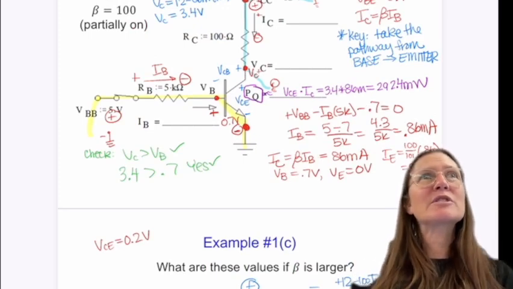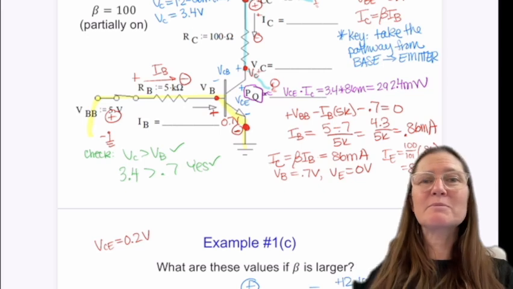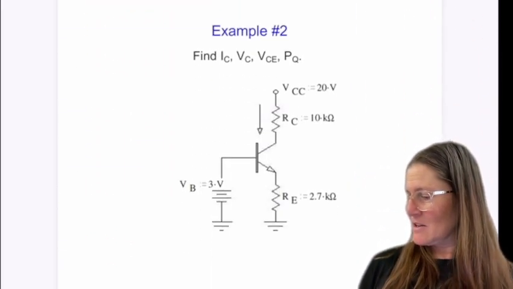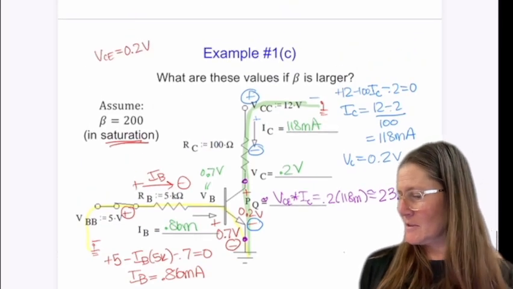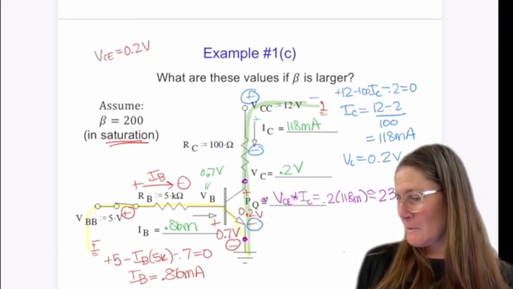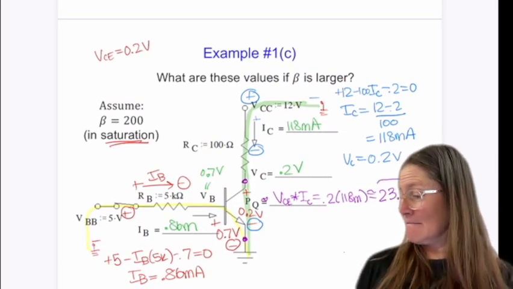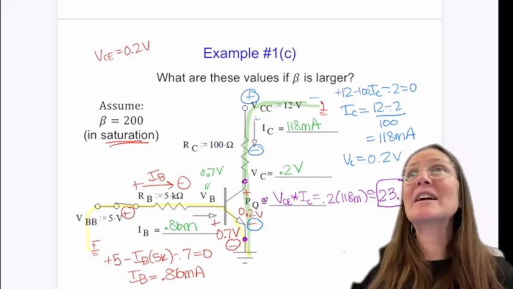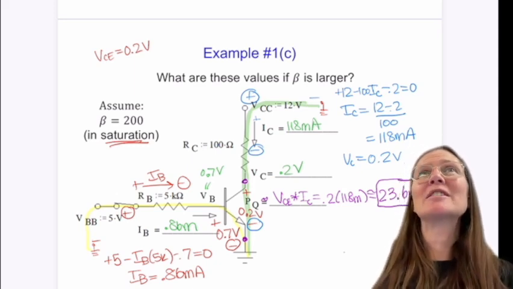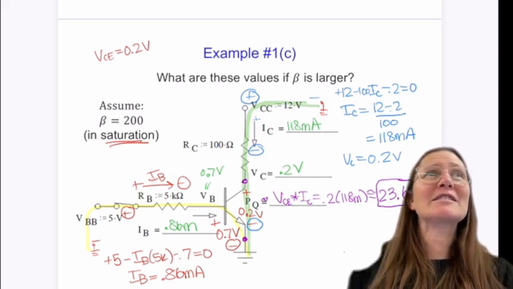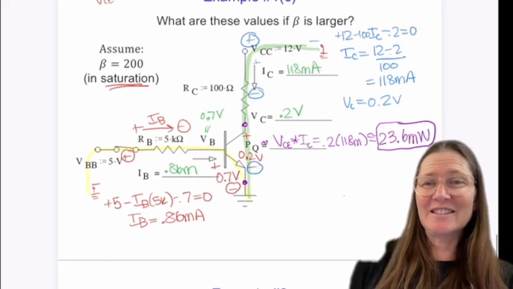Same circuit with different components, or same components. Which one's better? This one, right? Less power. So the only thing we need to check is whether it's in saturation or not.